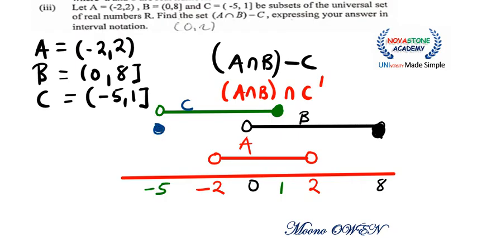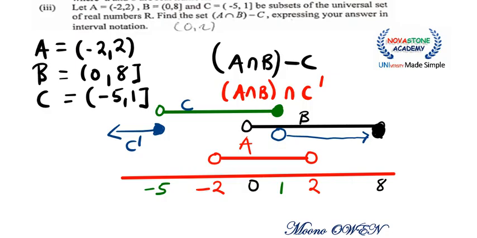I'm going to shade because -5 is not in C, meaning it's in C complement, so we're going in that direction. This is one part of C complement. On the other side, we've got this other part. Here 1 is found in C, so it's not in C complement, so C complement is going in the other direction as well.